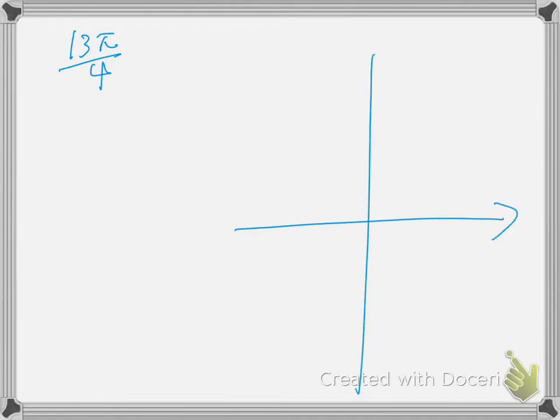Now let's look at two big angles. The first one is 13 pi over 4. Again, it's positive, so we compare this angle to these four special angles: 90, 180, and 270.